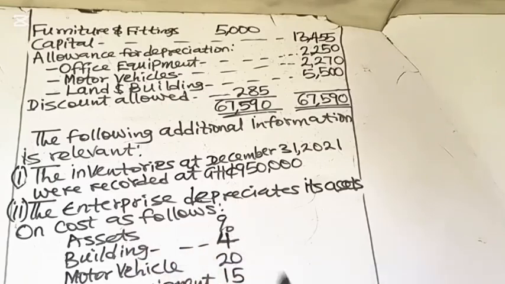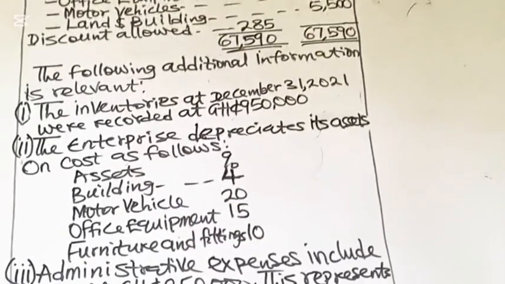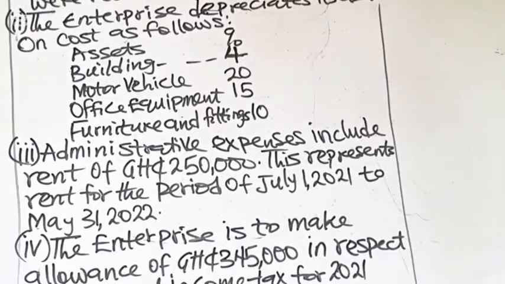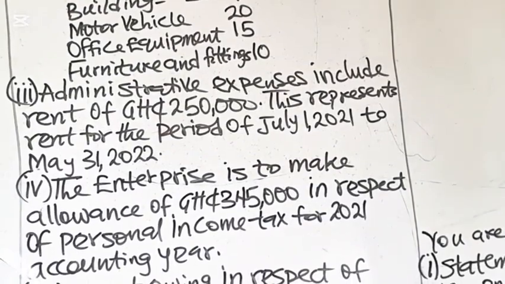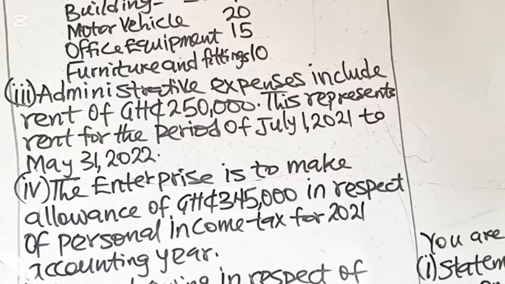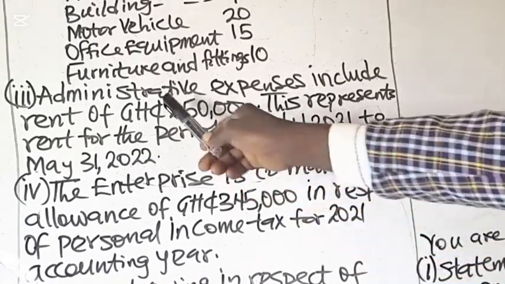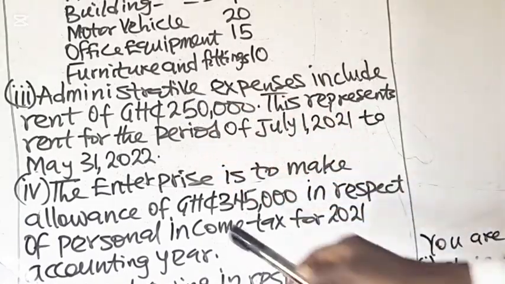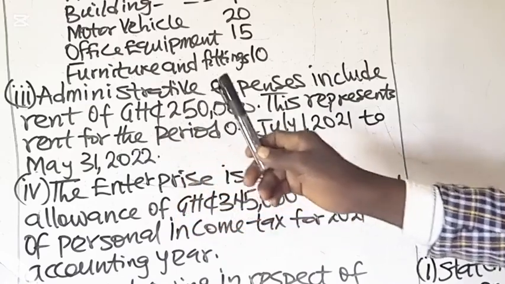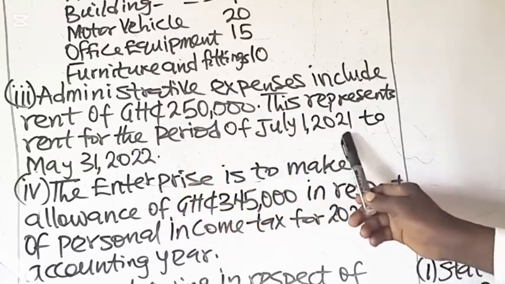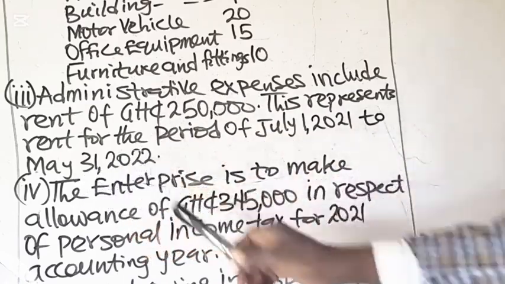We have building 4%, motor vehicles 20%, then office equipment 15%, furniture and fittings 10%. Note 3. Administrative expenses include rent of 250,000 Ghana cedis. This represents rent for the period of July 1st, 2021 to May 31st, 2021.